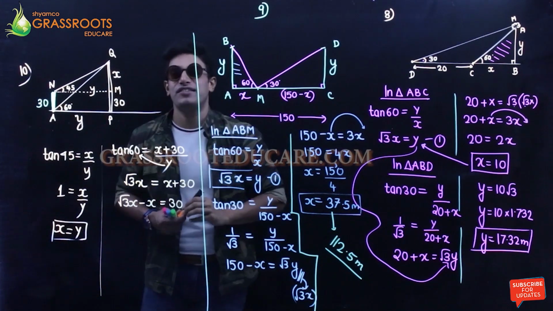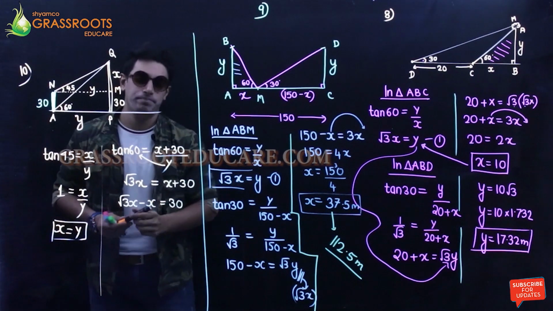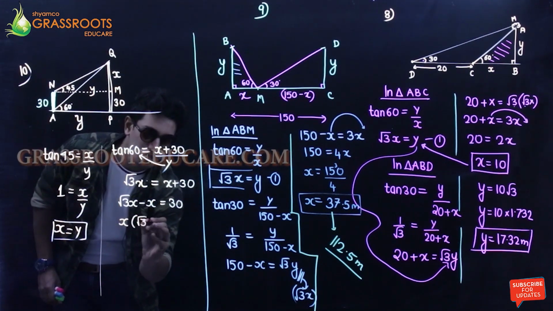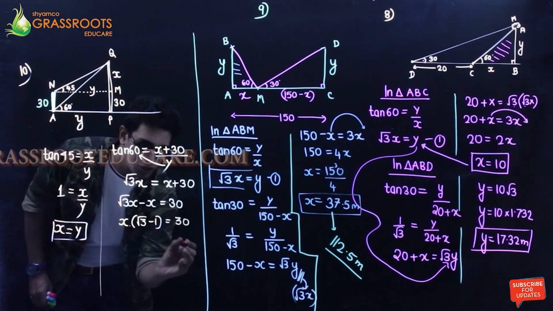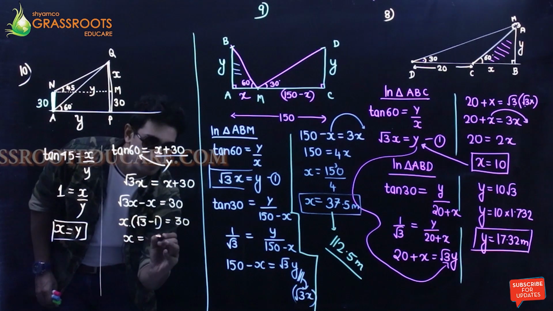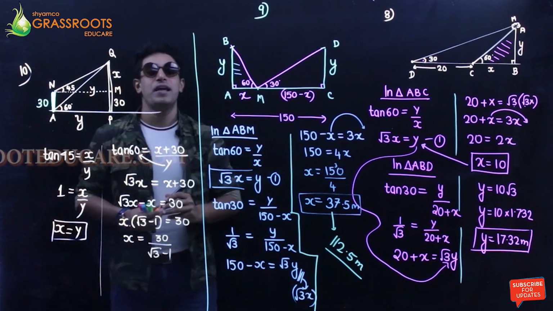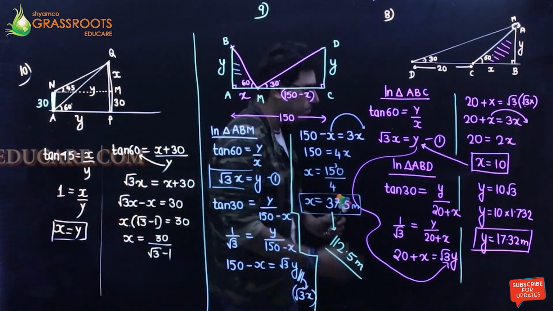Now remember one thing, there is a way to solve this, right? There is a trick, a method. Take x common. x into root 3 minus 1 is equal to 30. Multiplication on the other side becomes division. x is 30 upon root 3 minus 1. Never put the value when the root is in the denominator. Never.